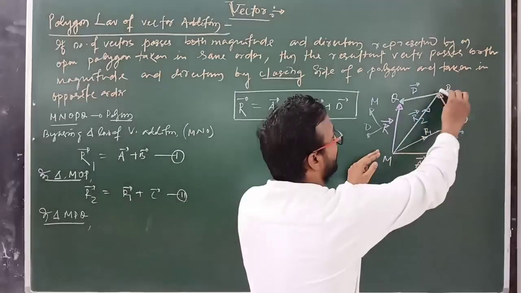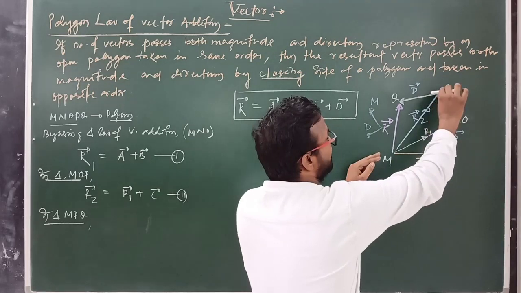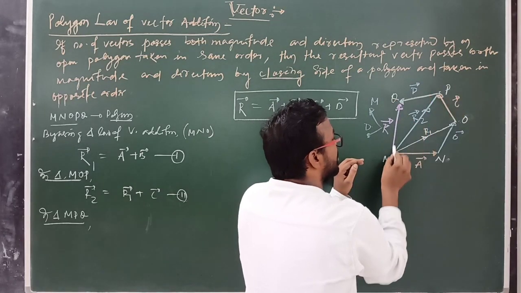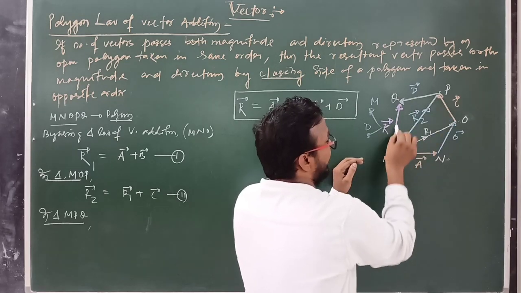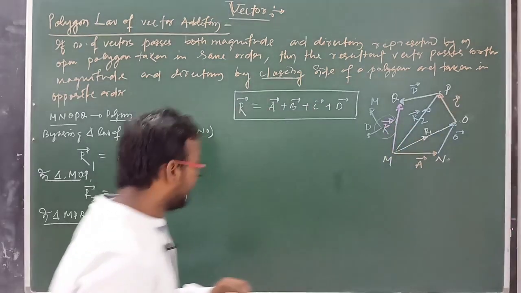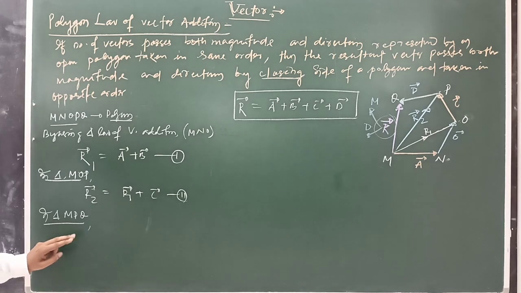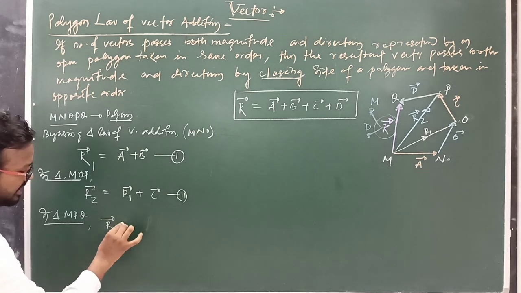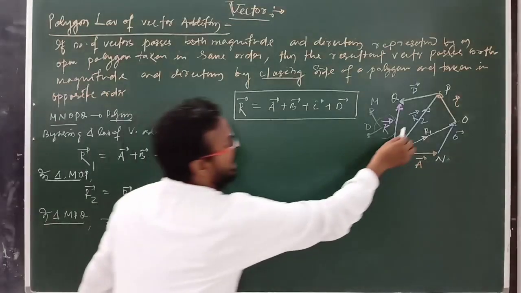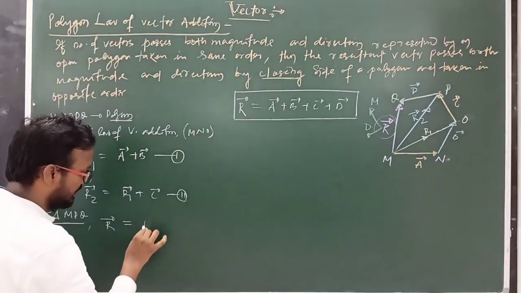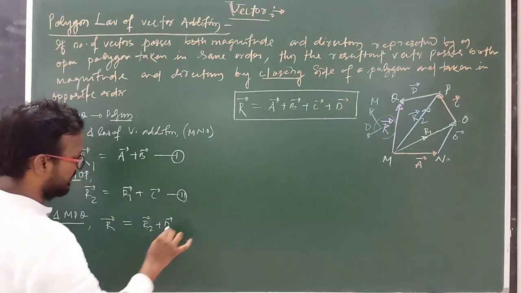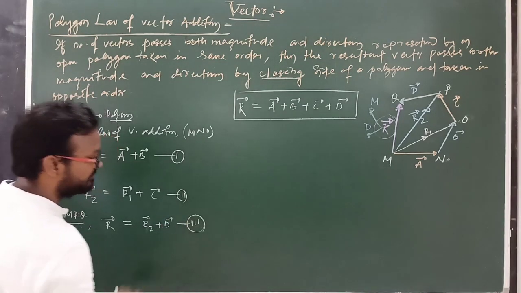R2 plus D are in the same order, but this is the closing side of the triangle, and the resultant vector is R vector. So in triangle MPQ, the resultant vector equals R2 vector plus D vector, equation number 3.